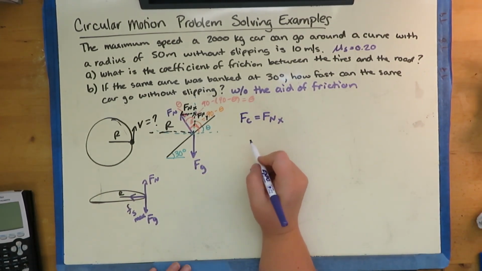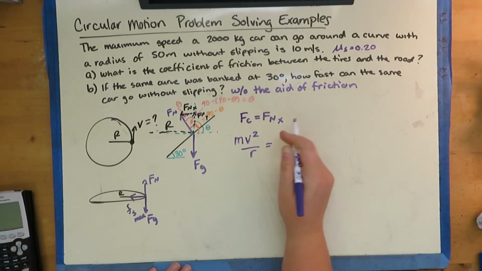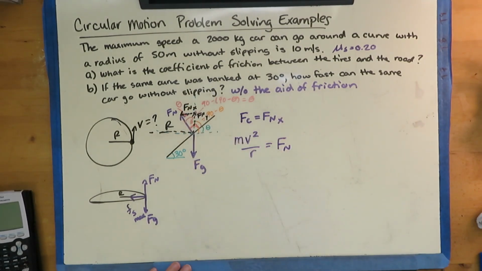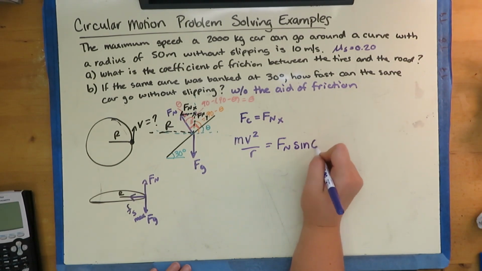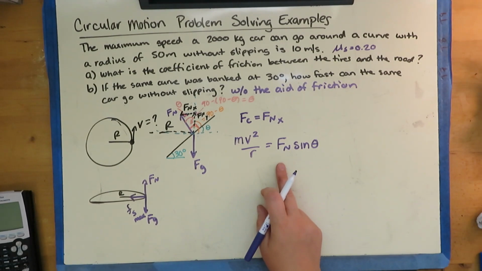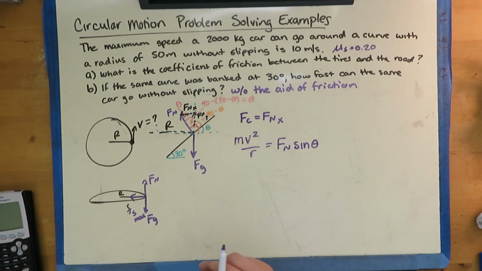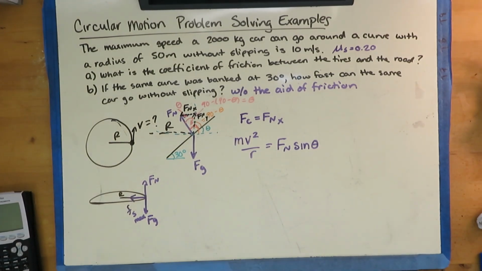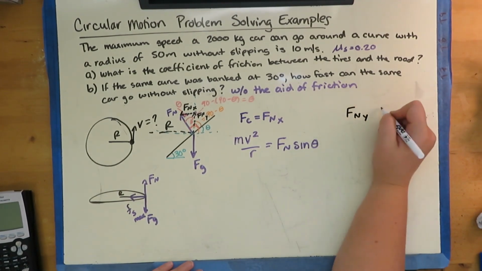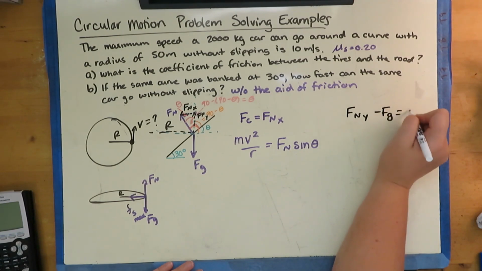And we get that our centripetal force is going to be ma_c, which is mv squared over r. Our normal force in the x direction is going to be Fn, and that's the opposite side, so that's going to be sine theta. Our normal force is not equal to gravity, but the y component of our normal force is equal to gravity, because in the y direction, normal force in the y direction minus gravity has to equal 0.